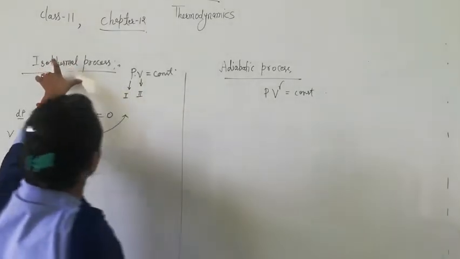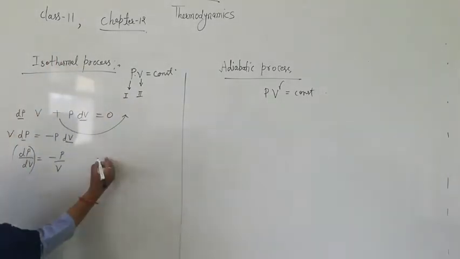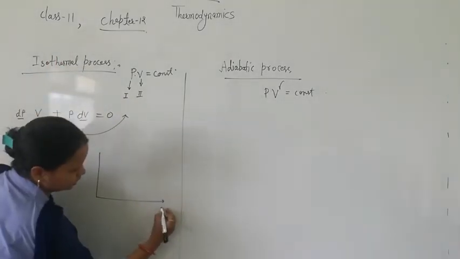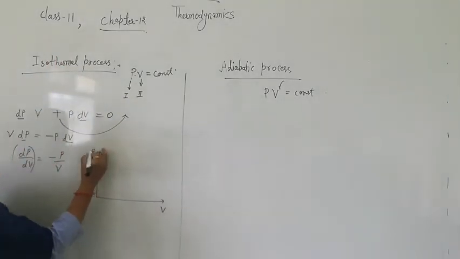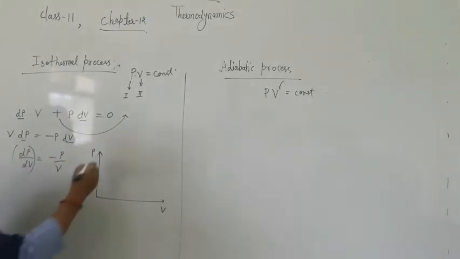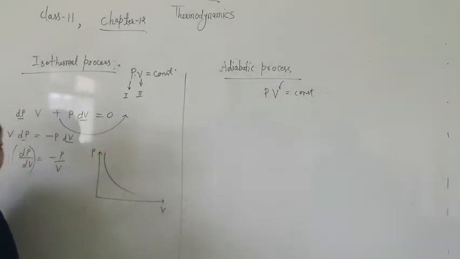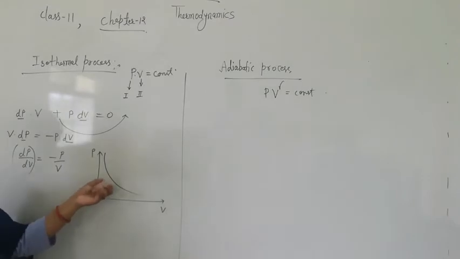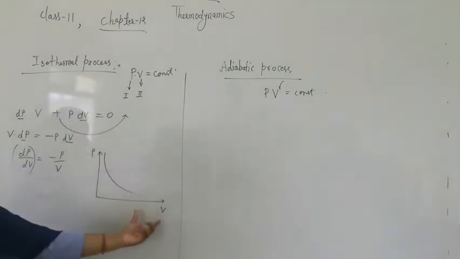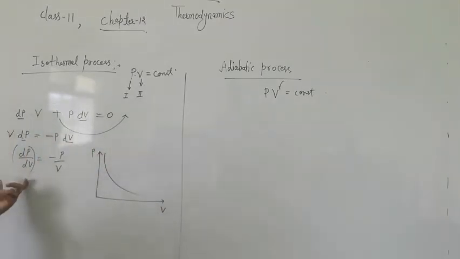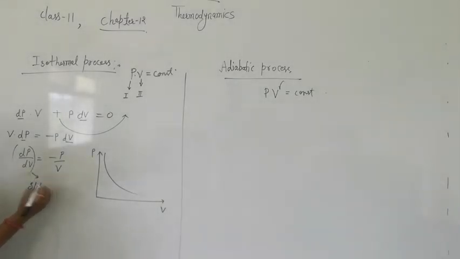What is the curve of the isothermal process? We have a curve between the two variables pressure and volume, which is hyperbolic in nature. The slope of any curve is dy upon dx, here dP upon dV, the slope of the isothermal process curve.